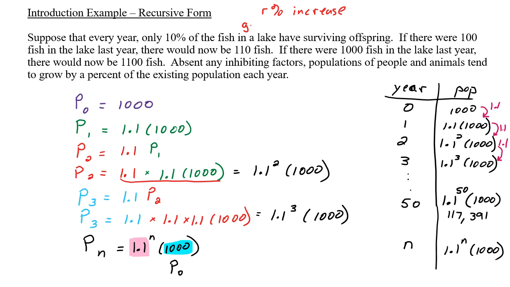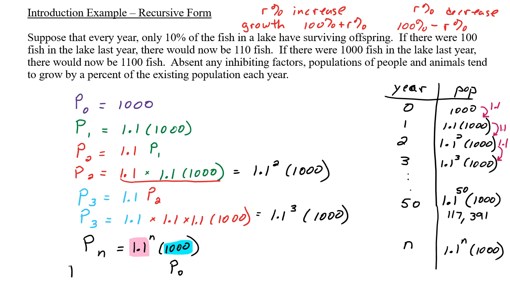So then the growth factor, if R is positive, is going to be 100% plus R percent. If it's an R percent decrease, if the amount of fish was decreasing, then it would be 100% minus R percent, and that's going to be your growth factor.